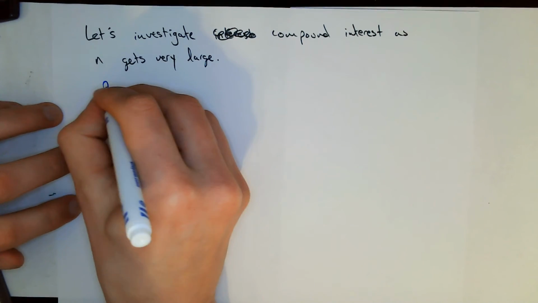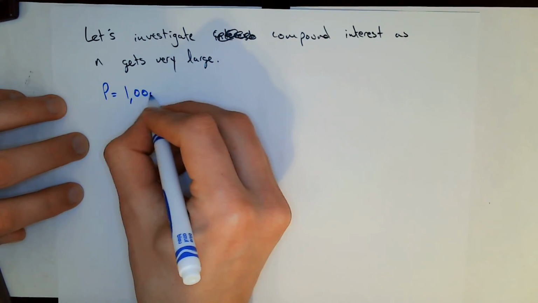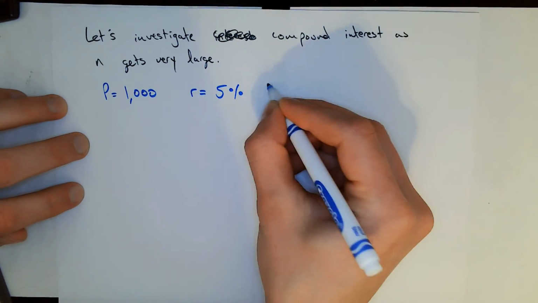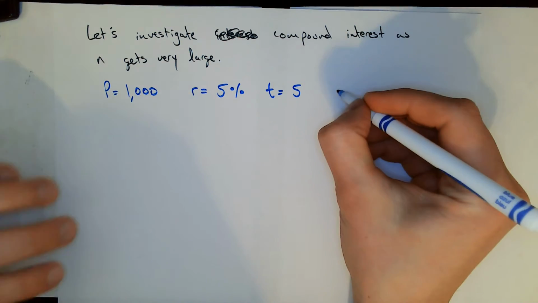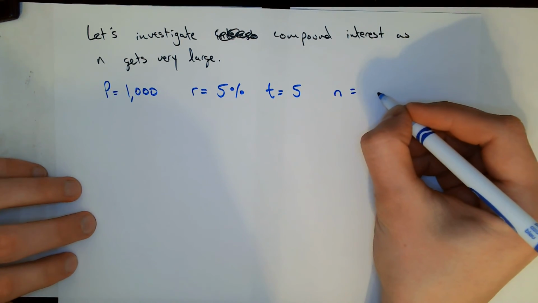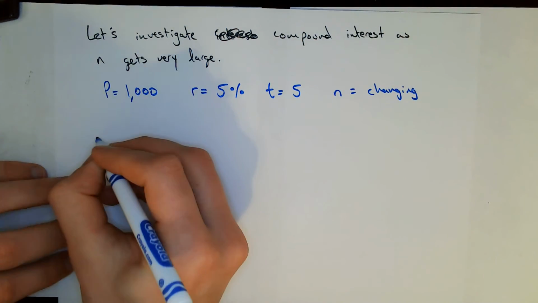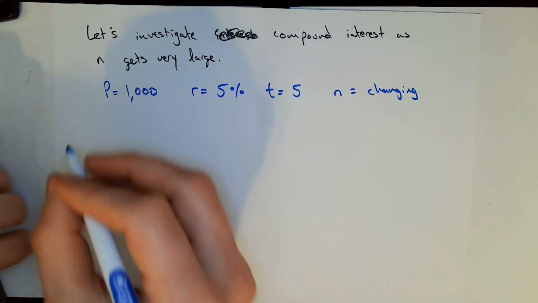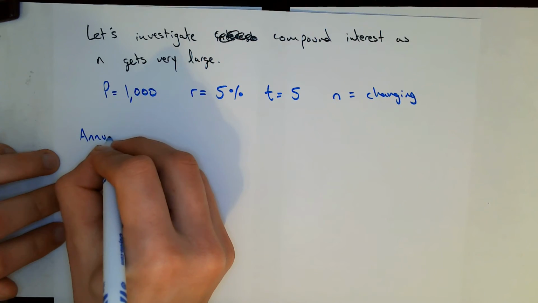So let's keep things easy. Let's let P be 1,000. Let's let R be 5%, and let's let T be 5 years. Okay, and N I'm going to be adjusting, right? So N is going to be changing, and that's what I'm going to be investigating here. So first, let's do annual.